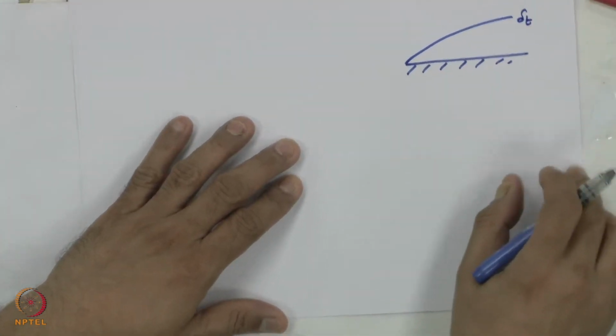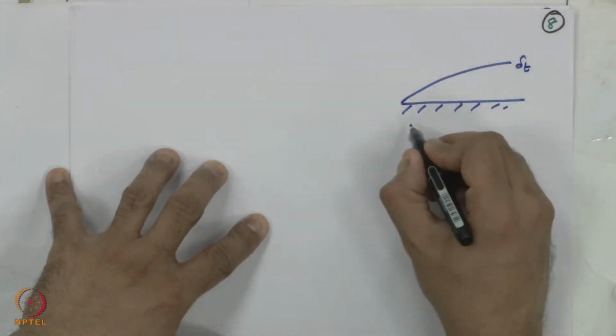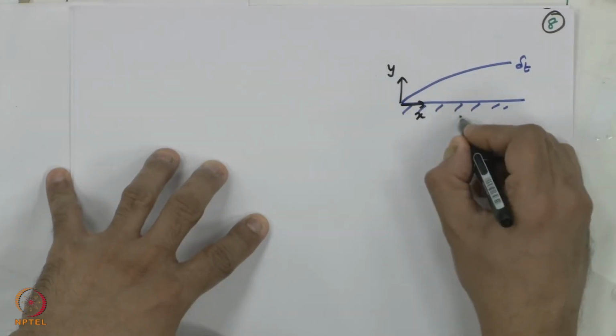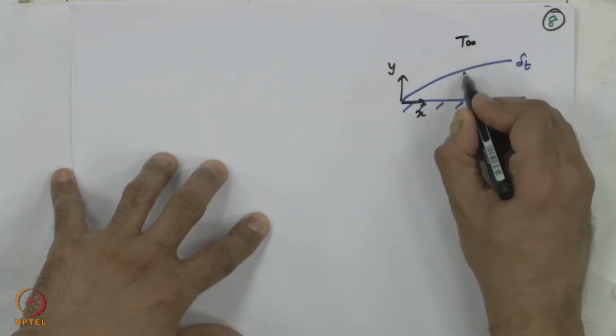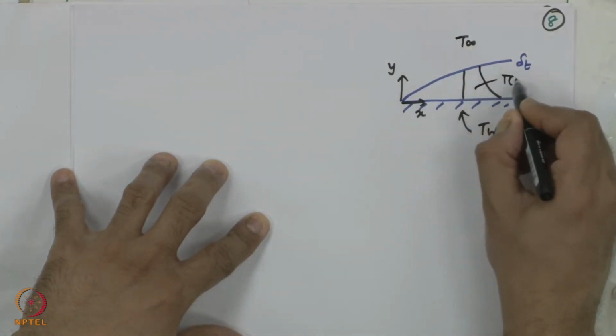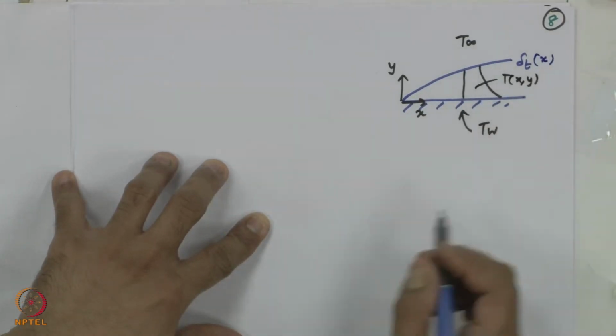This could be delta or delta t, it does not matter. In this case, y is this way, x is this way, this is T wall, this is T infinity, and here is my temperature profile, which is T of x comma y. Delta t is a function of x.